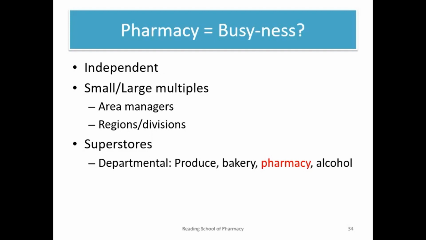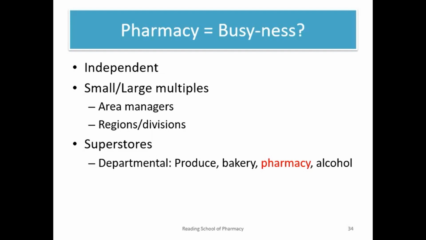Now when you're thinking about superstores, so supermarkets, your Tesco, your Sainsbury's, Morrison's etc., they have departments: a produce department, bakery, pharmacy, alcohol, and so on. In the case of pharmacy, if that pharmacy isn't doing well, they only need a really busy Christmas or a busy period, which would even out the shortfall from the pharmacy department.